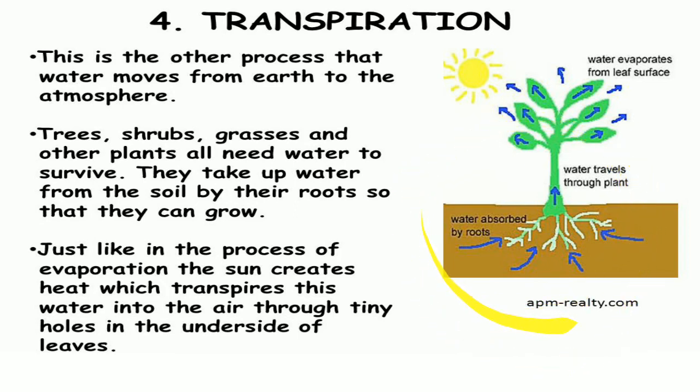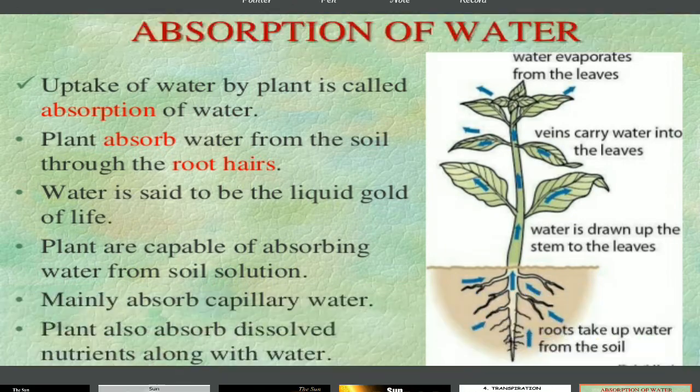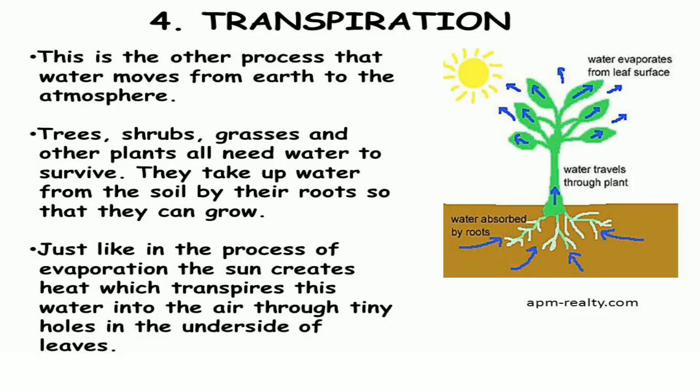Here we can also see a photograph of water traveling through the plants. Water evaporates from the leaf surface, and water is absorbed by roots. So this is the other process by which water moves from the earth to the atmosphere.